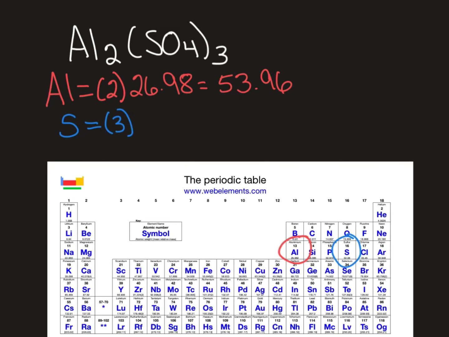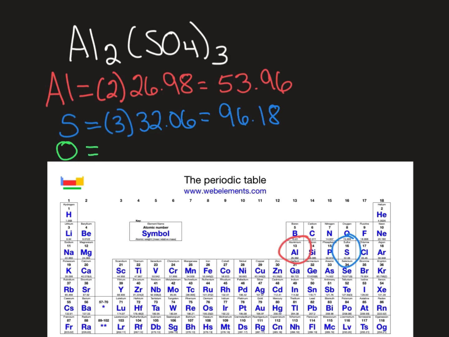So it's 3 times 32.06. So put that in your calculator, 32.06 times 3. And you get a total of 96.18.